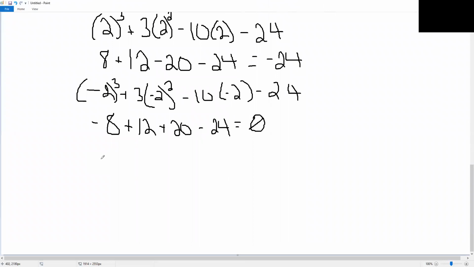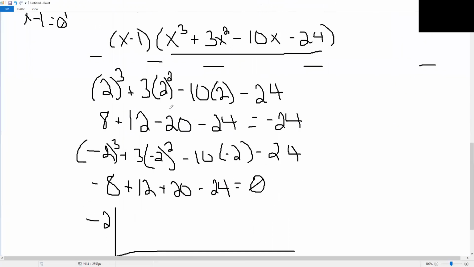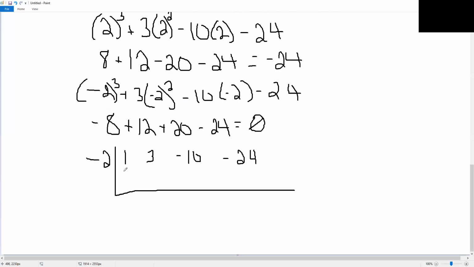All right. Let's do our negative 2. We're doing synthetic division now. We'll write down our coefficients, which were from this right here. So we're doing 1, 3, negative 10, and negative 24.